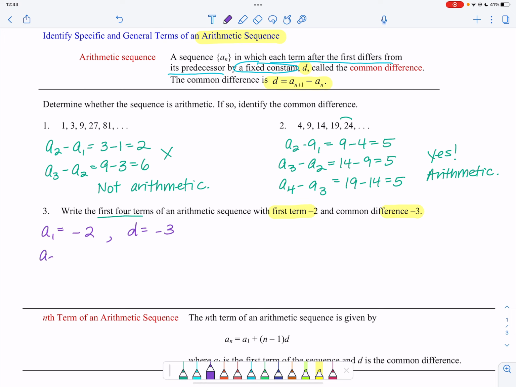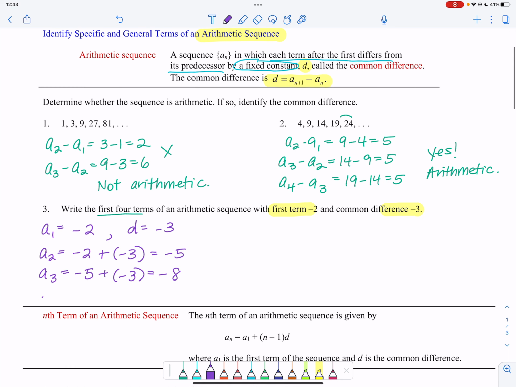So a sub 2 must be equal to -2 plus that difference, and that would be -5. a sub 3 is going to be a sub 2 plus that -3, and we'll come up with -8. And then a sub 4 will have -8 plus that -3, and we'll have -11.